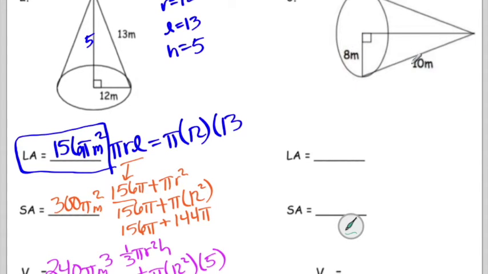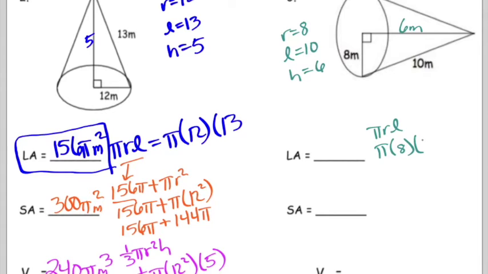Again, Pythagorean theorem to find the missing piece of the triangle. You would get 6 meters for the missing piece. The radius of this one is 8. I'll do them in the same order I did the last one. Radius 8, slant height is 10, and height is 6. And so pi RL here for the lateral, so that's pi times 8 times 10.